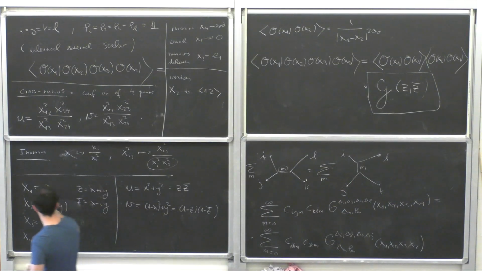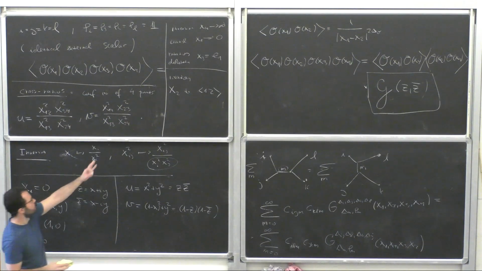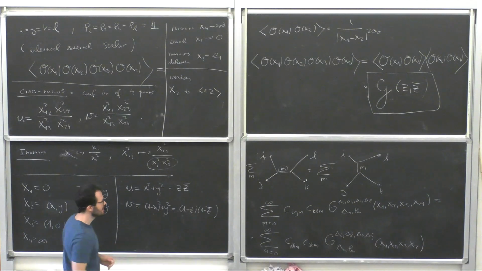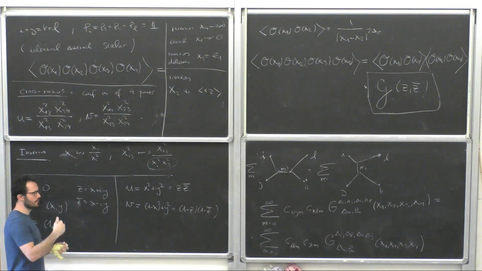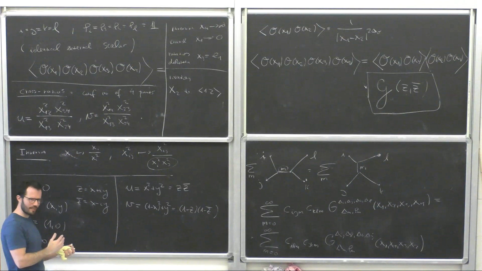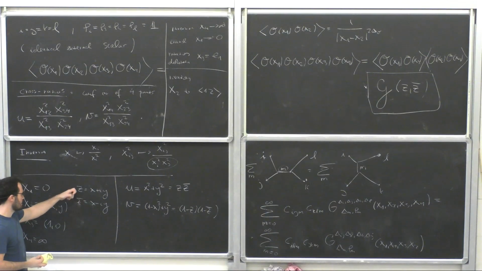Sorry, x. So x and y are the coordinates: we made some movements with the 4 points, and we brought x1 to 0, x3 to 1, x4 to infinity, and x2 to a two-dimensional plane. And x and y are the two coordinates of x2 in that plane. And we can also parameterize them by z and z bar.